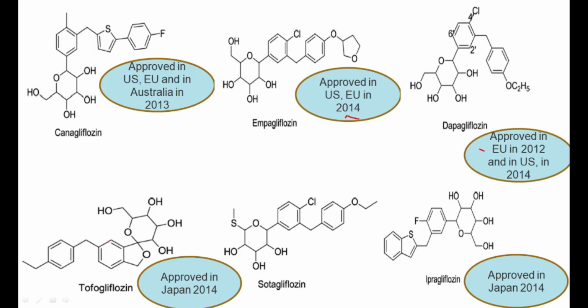Tofogliflozin was approved in Japan in 2014, and ipragliflozin also in Japan in 2014. Now the drug sotagliflozin is the first drug responsible for the inhibition of both SGLT1 and SGLT2.